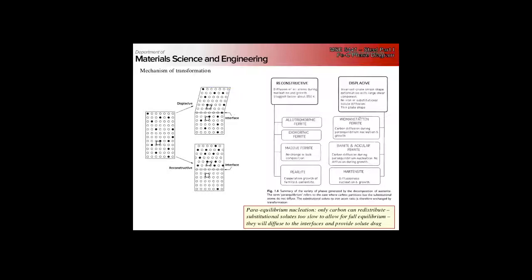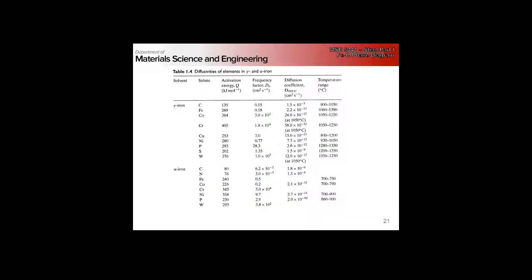So the idea here is that at nucleation, the substitutional solutes are too slow to get to full equilibrium. Basically, for the substitutional elements, the composition doesn't change except for the fact that carbon can easily move out. Right, we can see that by looking at the diffusivities.